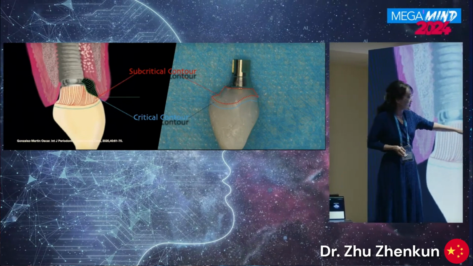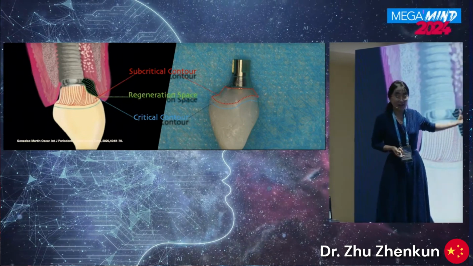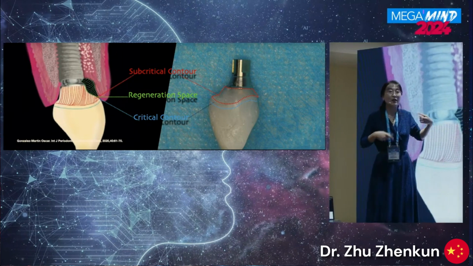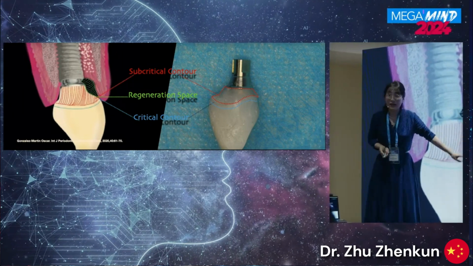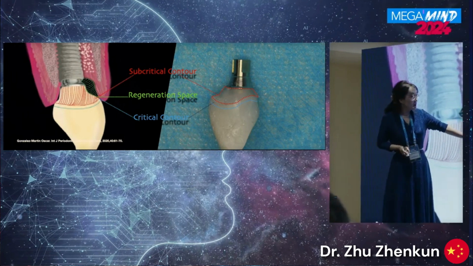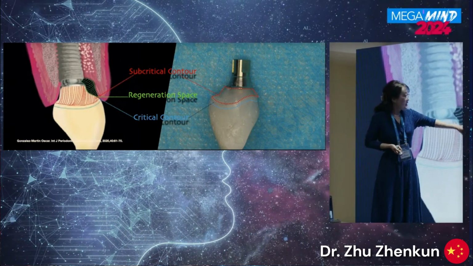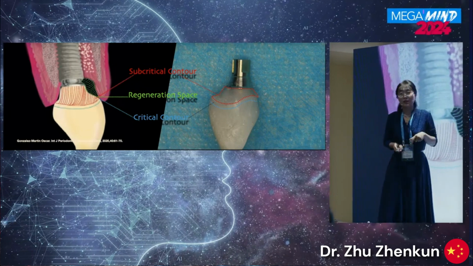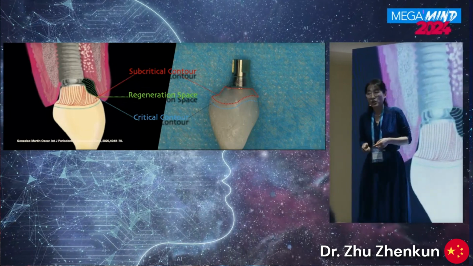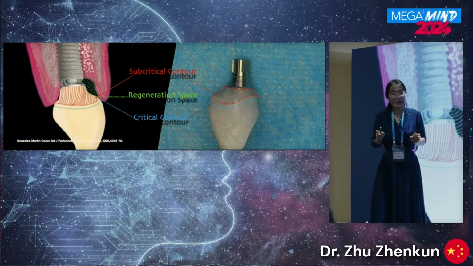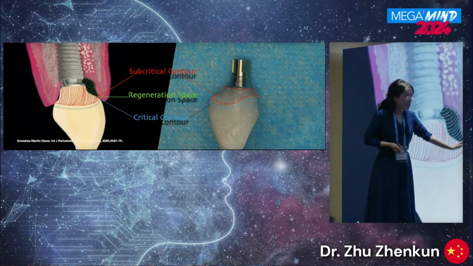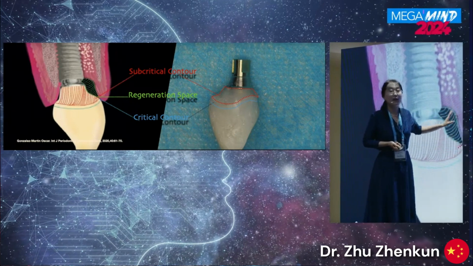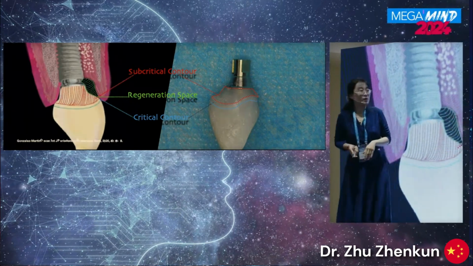Why should we design the surface in this shape? That's because a regeneration space can be created between the surface of the restoration and the soft tissue. And this space permits the formation of a very stable blood clot combined with the soft tissue we insert into it and the bone particles.